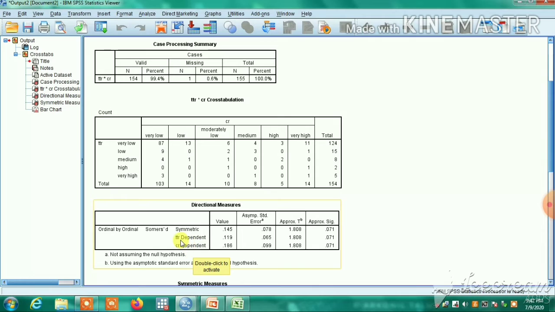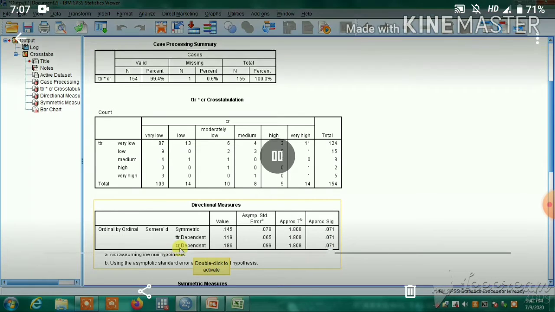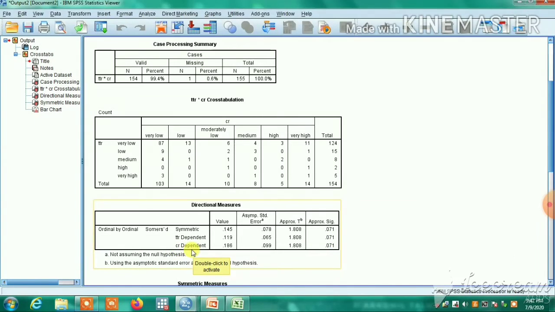When we consider tourist arrival, TTR, as the dependent variable, the value is 0.119 and the level of significance is 0.71. Similarly, when we consider the COVID case as the dependent variable, the value is 0.186 and the approximate significance level is 0.071.